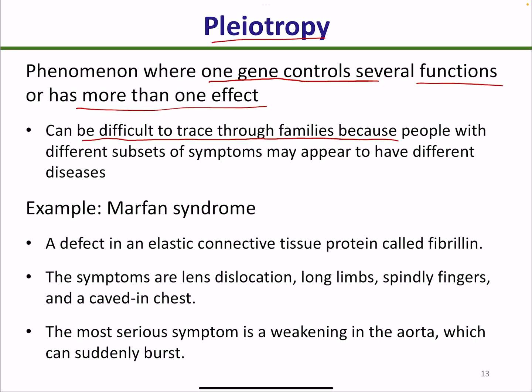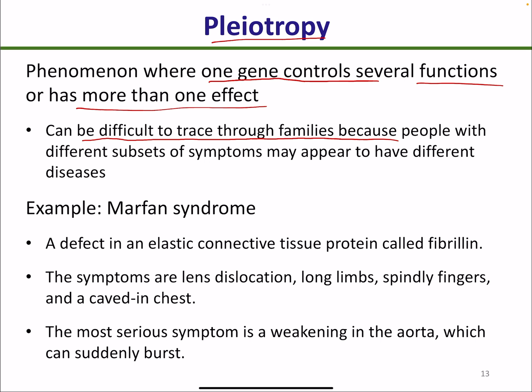Other people with cystic fibrosis may not have chronic respiratory issues or fertility issues, but have chronic digestive issues. So this is one good example of where it would be difficult to trace things and associate these different problems with one single gene, which is the gene for cystic fibrosis.